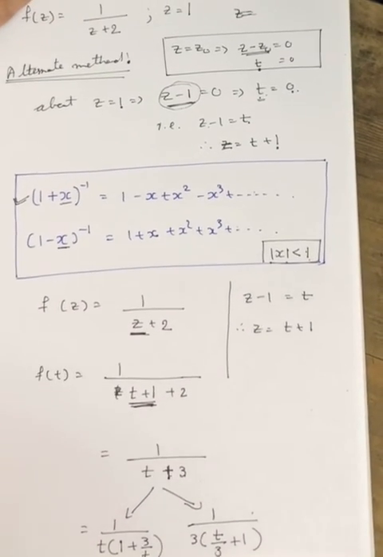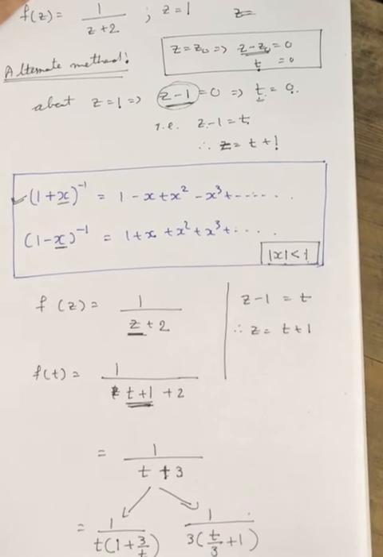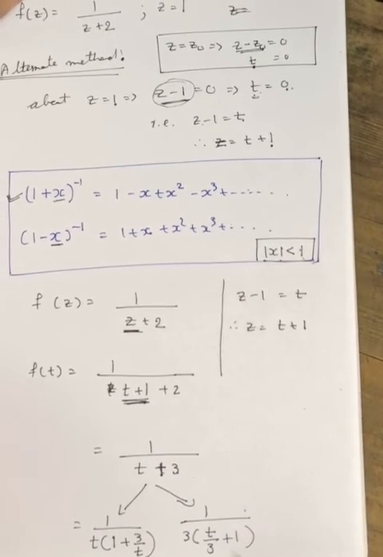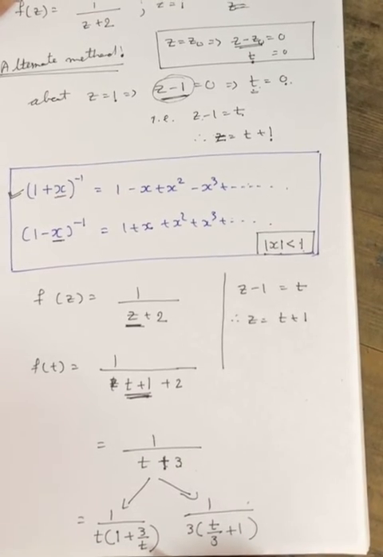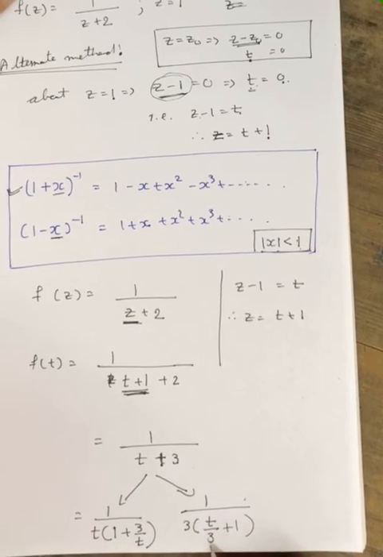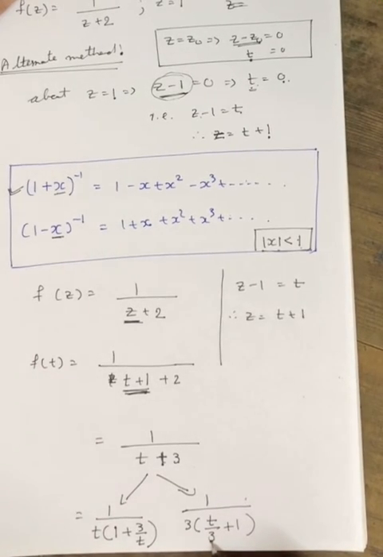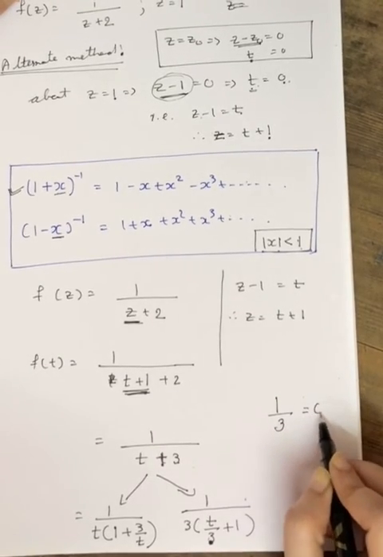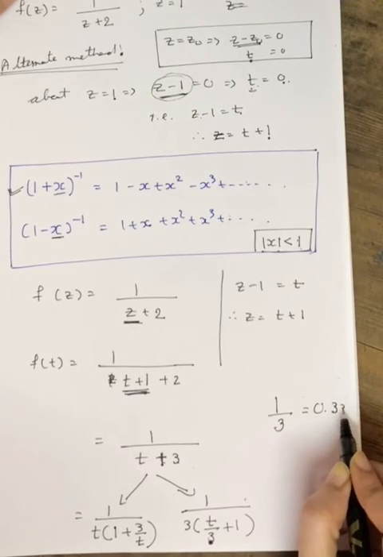Okay, so now which of them is correct? This is the question here. You see that here 3 is greater than 1, so 1 upon 3 will be 0.33 something.